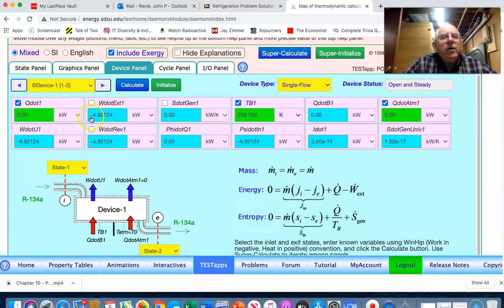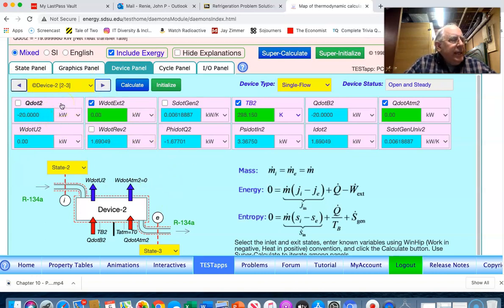And so back here on device 1, this was the compressor, and there was no heat transfer in the compressor. This is the condenser, and the heat transfer in this particular case is 20 kilowatts coming from the warm medium, which corresponds to a temperature of 50.